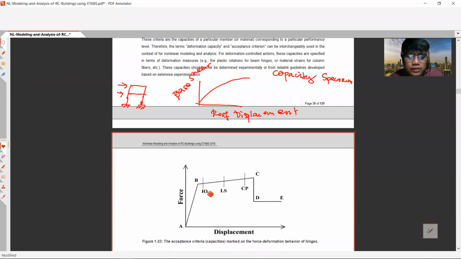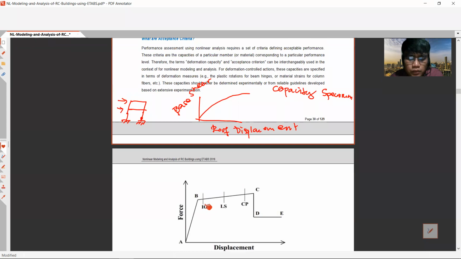When it is at IO, immediate occupancy, during an earthquake the building can still have occupants. At life safety, preliminary safety measures are needed. And at collapse prevention, occupants need to leave the building and you need to reassess your building for occupancy.